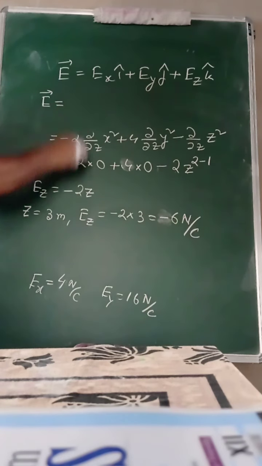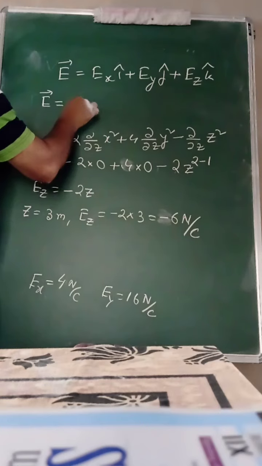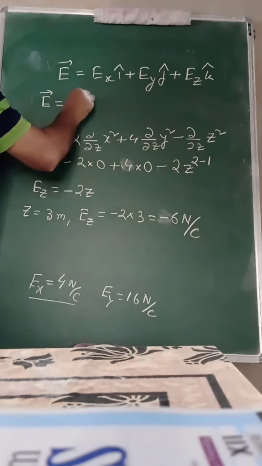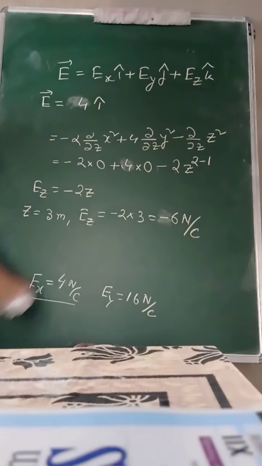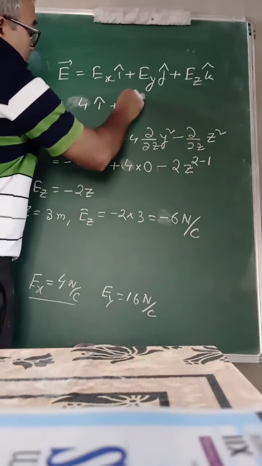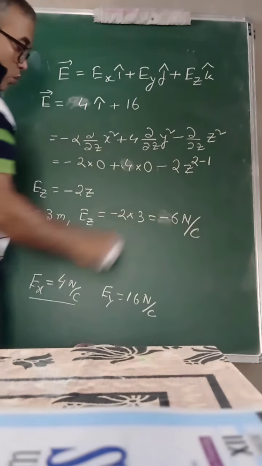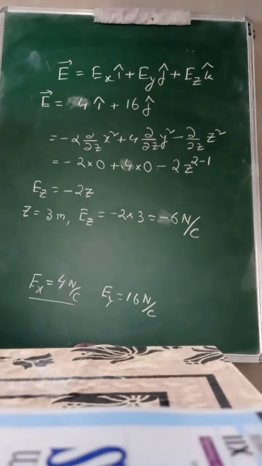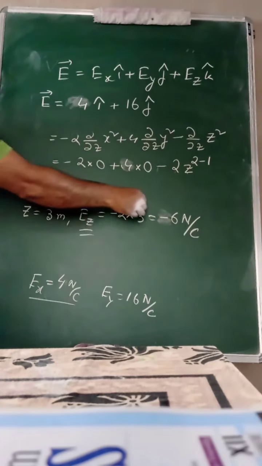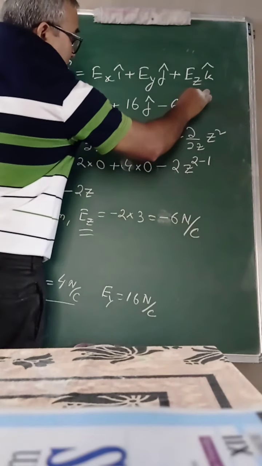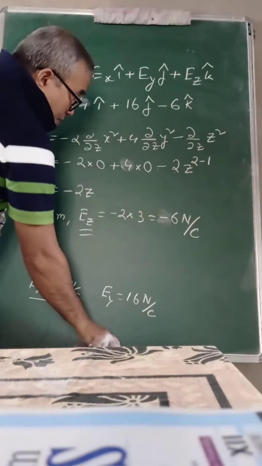E is equal to, what is the value of Ex? I have written it below, the value of Ex is equal to 4 Newton per coulomb. So 4 I cap. The value of Ey is equal to 16 Newton per coulomb, so 16 J cap. And the value of Ez is equal to minus 6 Newton per coulomb, so minus 6 K cap.